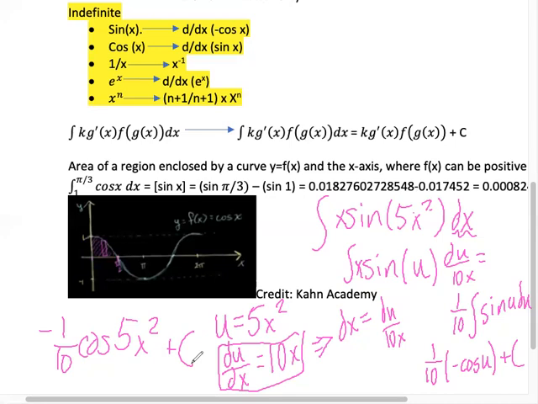But whenever I take the derivative of one of these, I also have to multiply times the derivative of the inside, so times 10x. And then I end up getting 1/10 sine 5x squared times 10x, and then I end up getting x times sine of 5x squared. Look, it's the problem that I had originally.